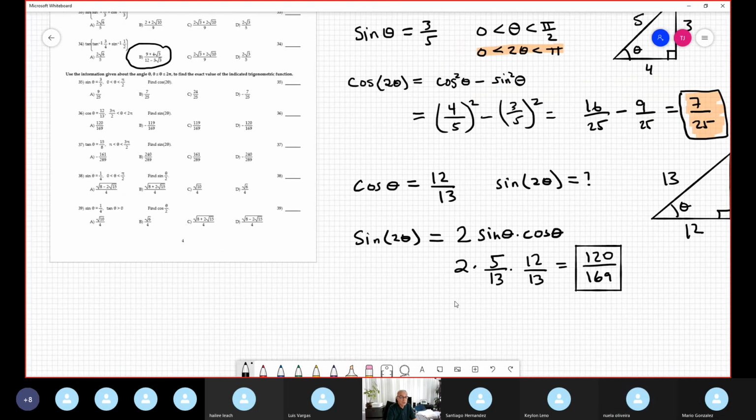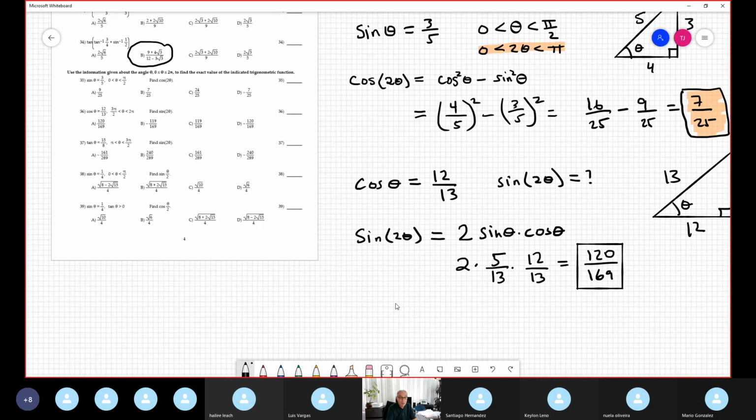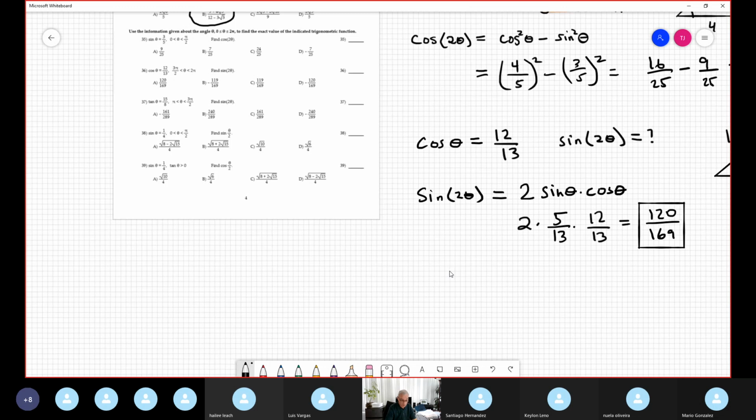Okay. This was 36, no? Okay, 37 now. 37 says tangent theta is equal to 15 over 8. So now, maybe to confuse you, I give you this information.